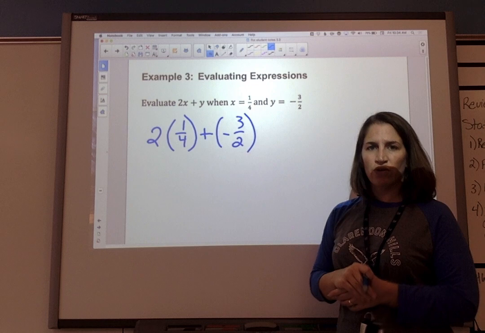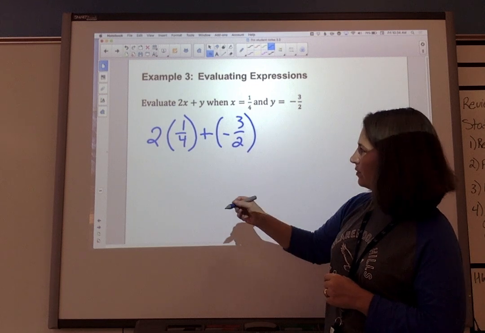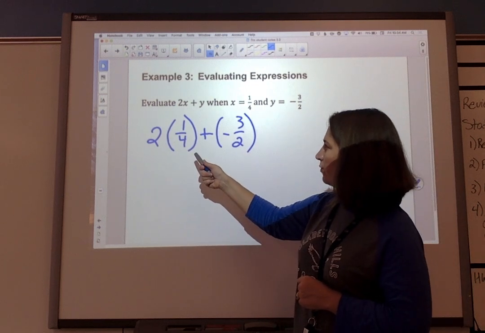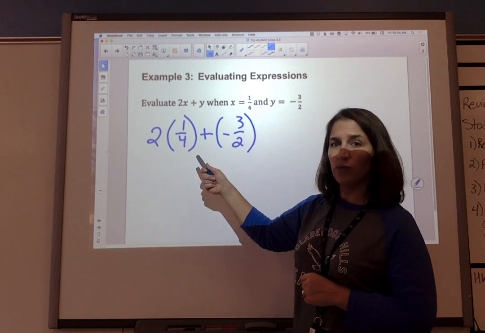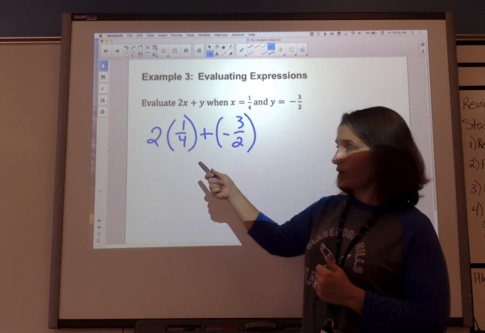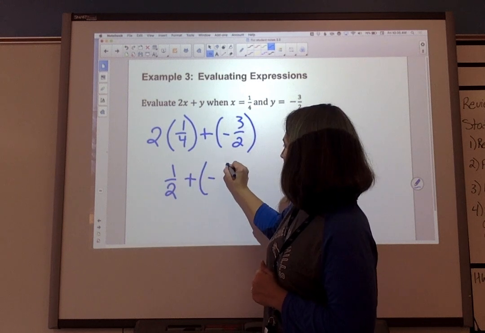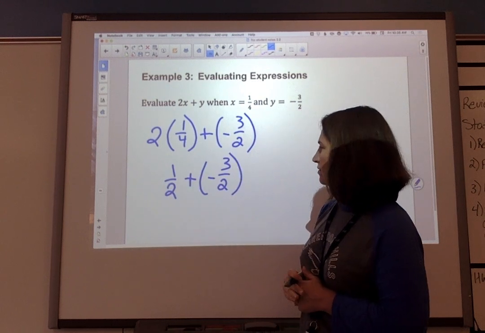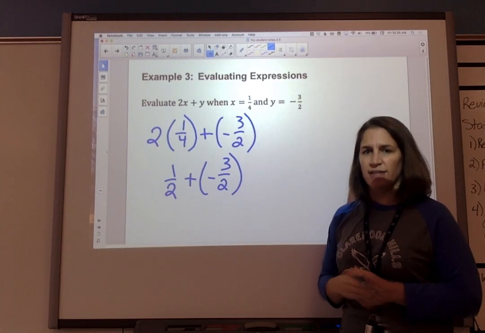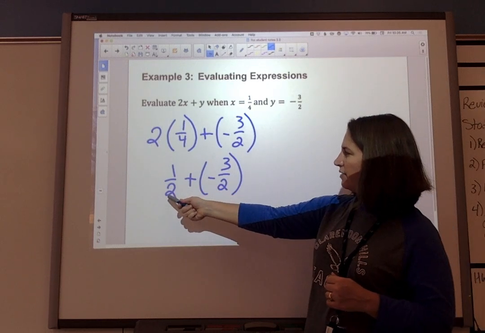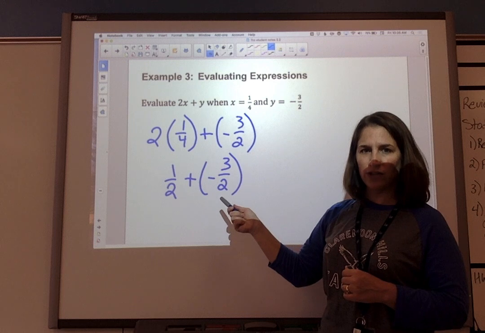All right, so order of operations tells us we multiply first. 2 times 1/4 is 2/4, or 1/2. 1/2 plus negative 3/2. Okay, now we've got it down to a positive rational number and a negative rational number.